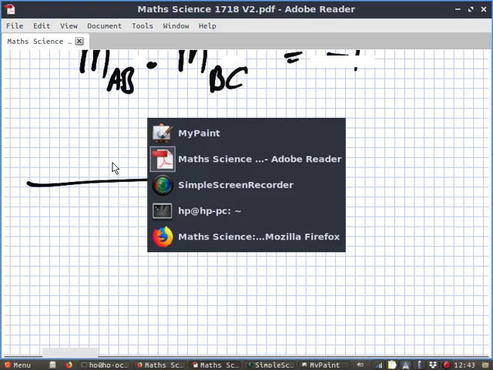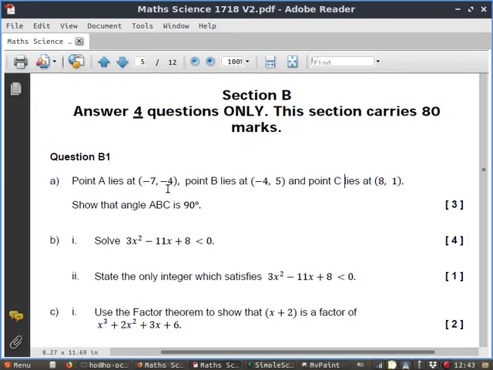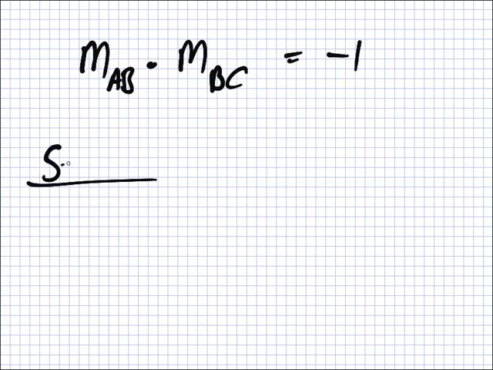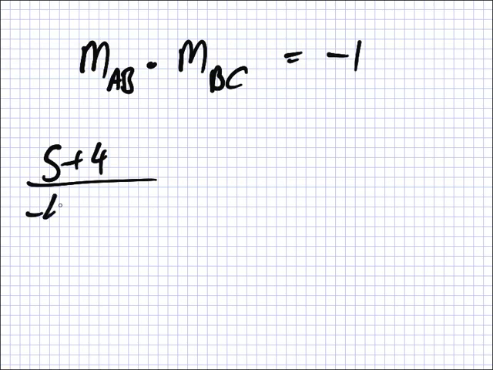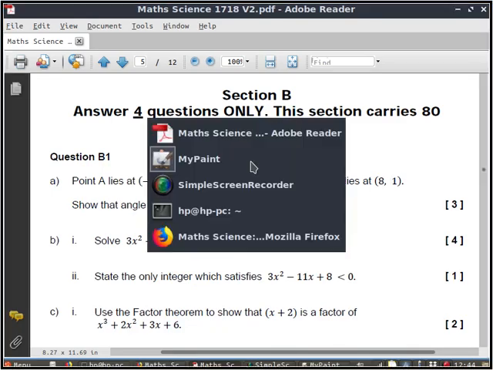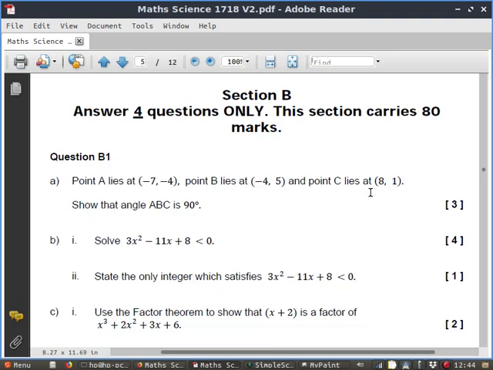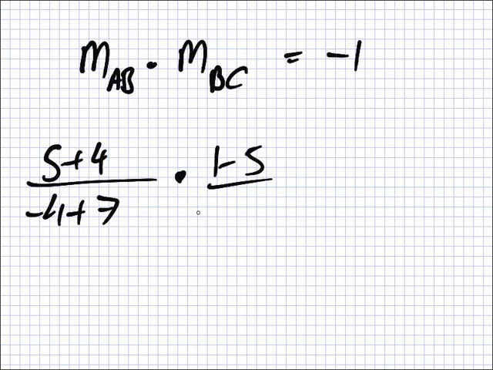So what is the slope between A and B? It'll be 5 minus minus 4 over minus 4 minus minus 7, times, and then B to C, 1 minus 5 over 8 minus minus 4. Does that equal minus 1?